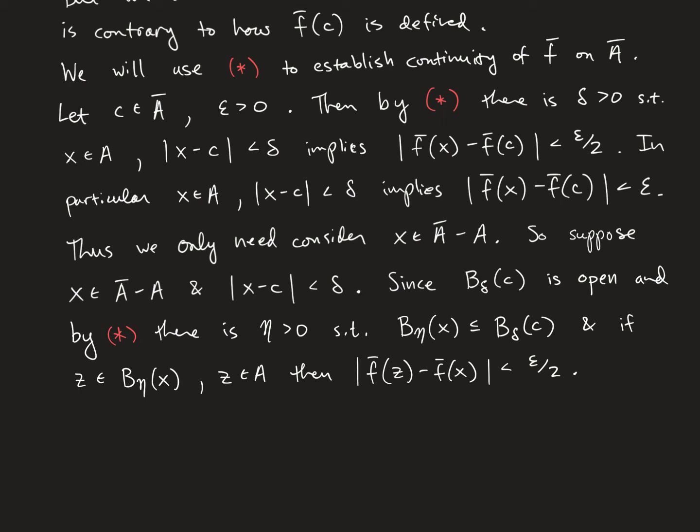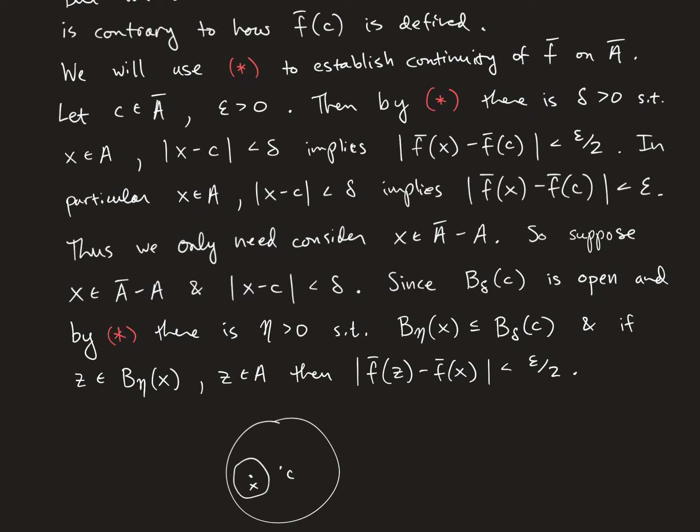Okay, so each of these statements, this ball is open and by star, they're each going to give us a certain number back, right? So since this ball is open, we can find some number, say eta 1, such that there's a ball of radius eta 1 around x, which fits inside this larger ball. Right, so the picture is just the picture I had drawn before. We have C here, you have x here. You can draw some ball around it that lies in that bigger ball by the openness.